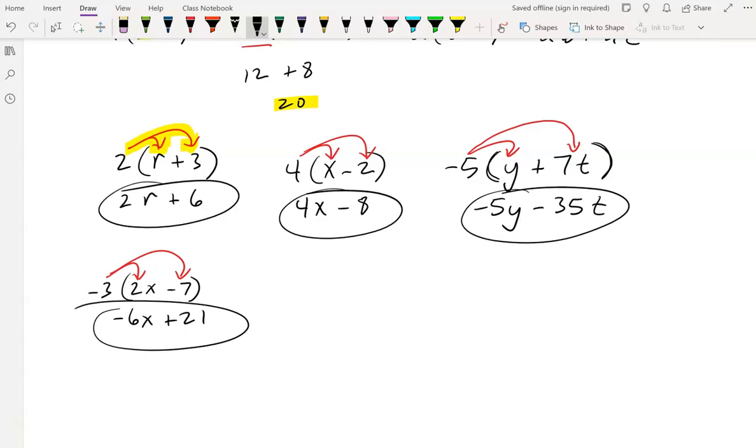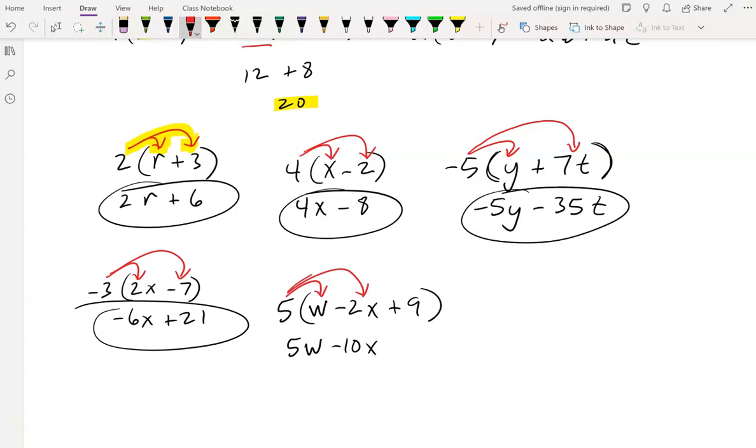Okay? Well, let's try a few more here just because it's so much fun to distribute. 5 multiplied by w minus 2x plus 9. Wow, now we have 3 terms inside the parentheses. Same process though. 5 times w is 5w. 5 multiplied by negative 2x. 5 times negative 2 is negative 10x.